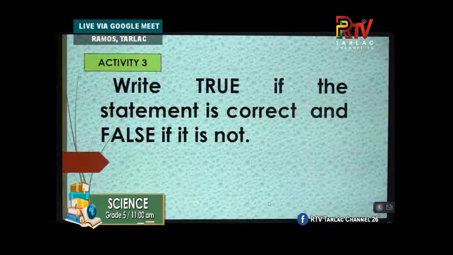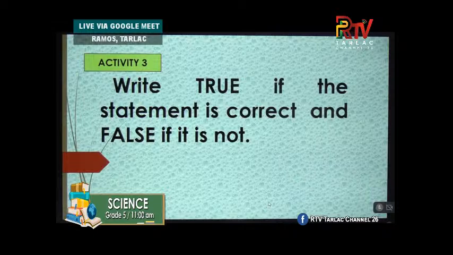Let's check your understanding of the lesson by doing activity 3. Here is the direction. Read the sentences carefully. Write true if the statement is correct and false if it is not. I will give you 5 seconds to answer every statement. Let's answer number 1.